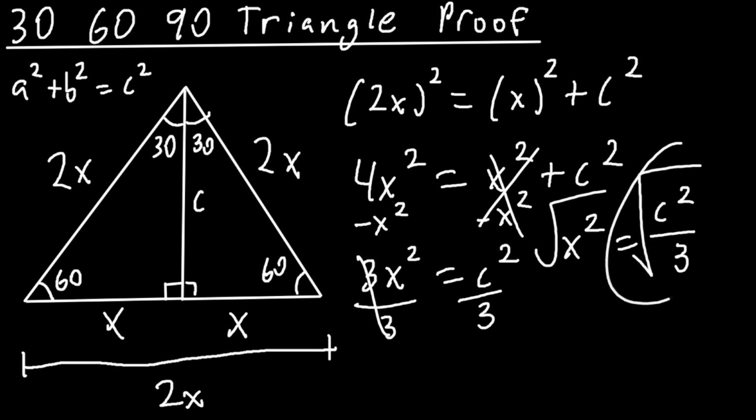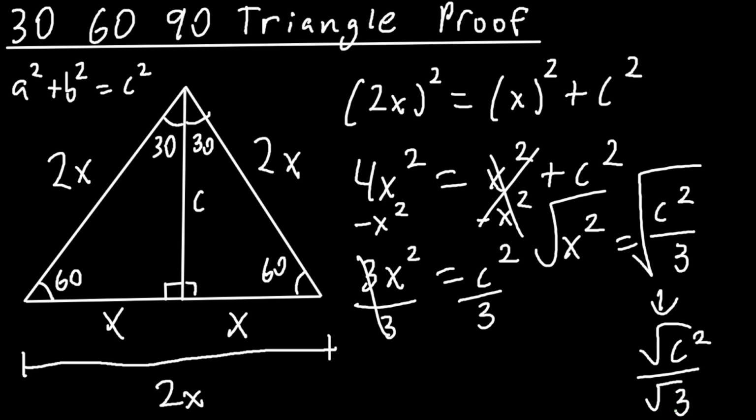This is essentially the same thing as square rooting the numerator and the denominator. Sorry, this is going around the screen a little bit; I'm running out of room. The square root of x squared is just x, which equals the square root of c squared, which is just c, over the square root of 3.